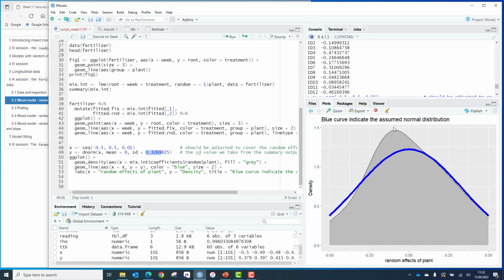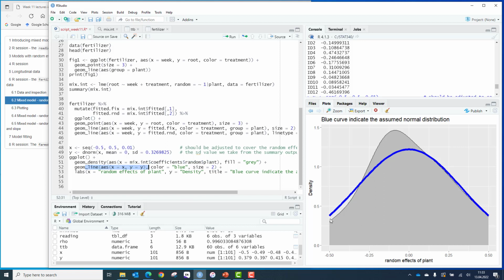You could have made a histogram in the same way, but that's not so pretty when you compare it to a smooth curve like the blue one here. So I use the density here, the geom density you can see here. You can explore this a little bit on your own. But I make a density based on this observed data and then compare it to the theoretical one.